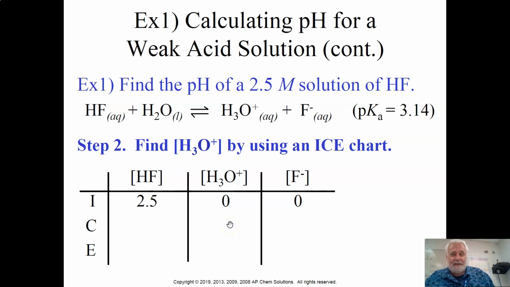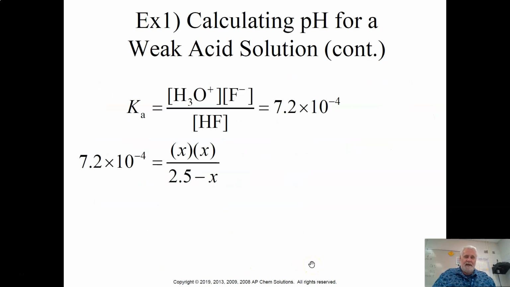But it's a weak acid, so we have to look at the change, and we don't know what that is. So that's minus X from the reactant side, and plus X for each of these two products. And then you just fill in the rest, and you set up your equilibrium constant, which just happens to be Ka. Put the products on the top, the reactants on the bottom, and say that's going to equal 7.2 times 10 to the minus 4.